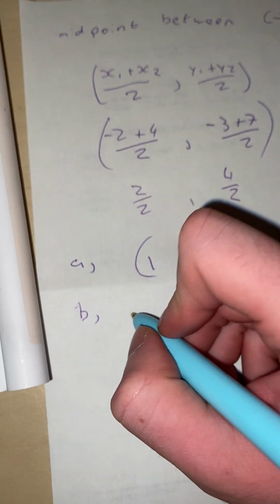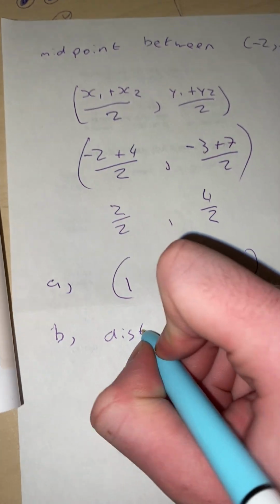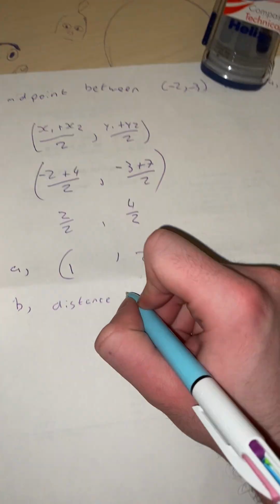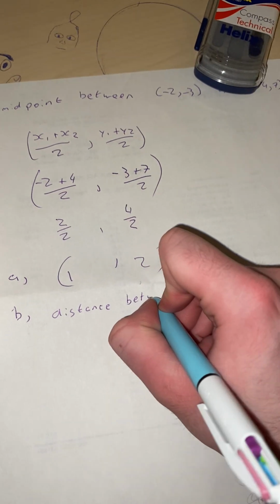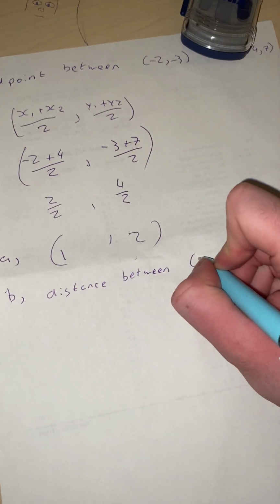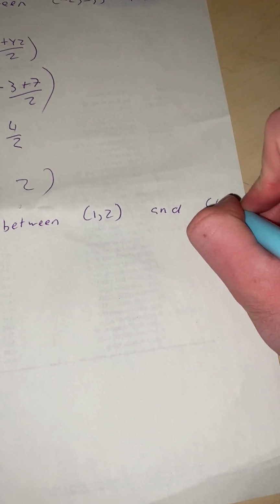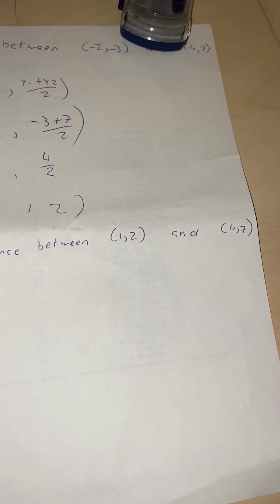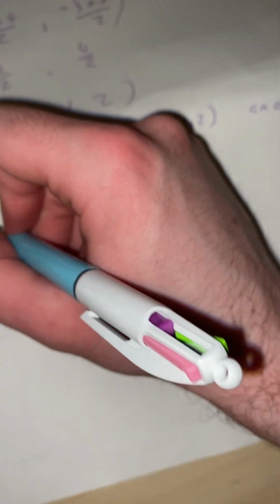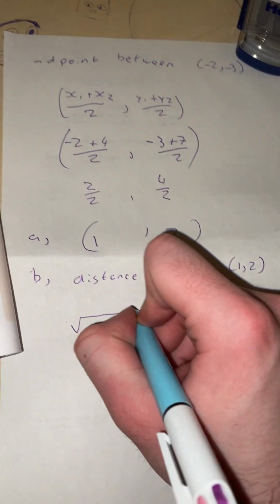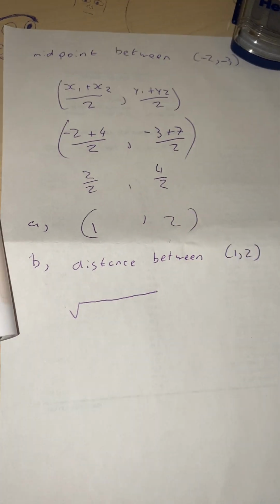So we're finding the distance between 1, 2, which is our midpoint, and 4, 7, which was our point on the edge of the circle. So our distance between 1, 2 and 4, 7. And our distance formula, it's called length of PQ in our log tables, because length and distance mean the same thing.